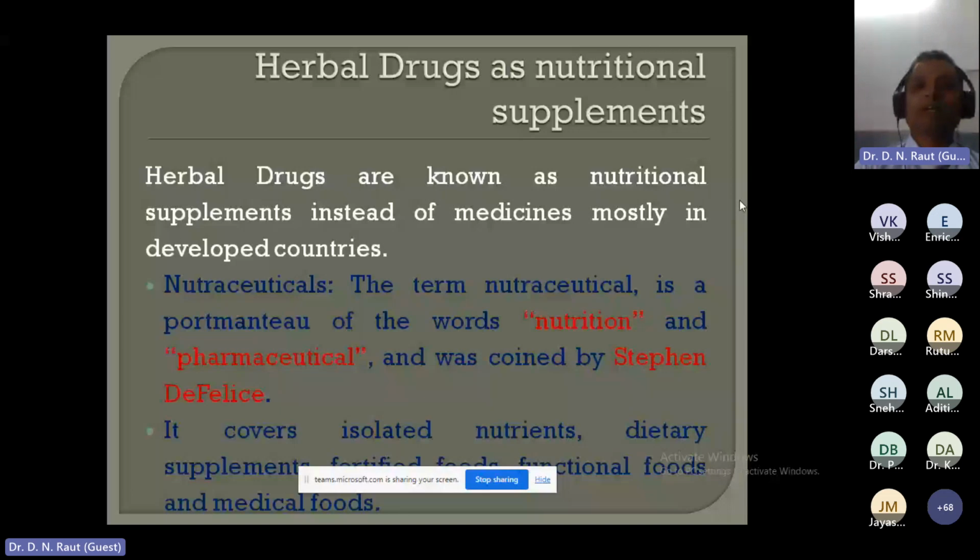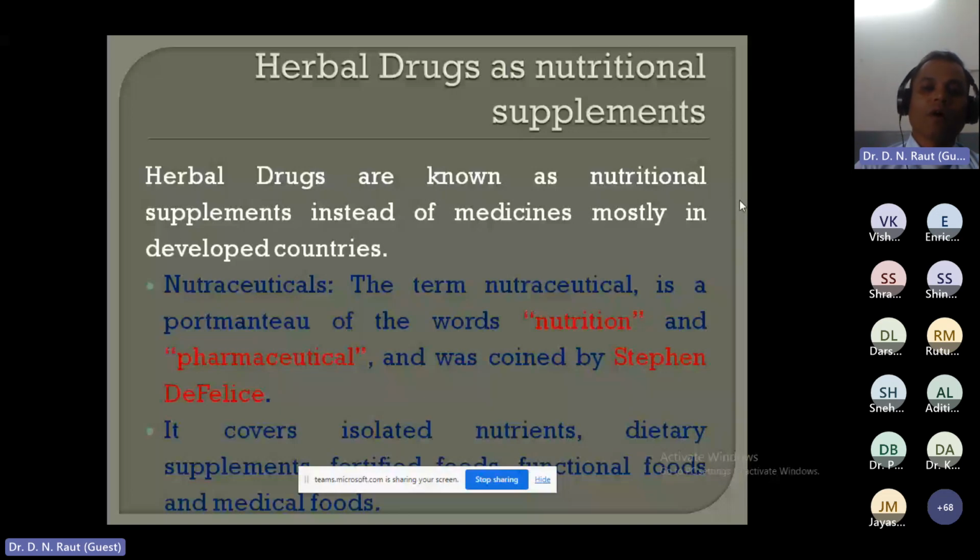These herbal drugs are known as nutritional supplements instead of medicines, mostly in developed countries, that is, nutraceuticals. The term nutraceuticals was coined by Stephen DeFelice, as a combination of the words nutrition and pharmaceutical.